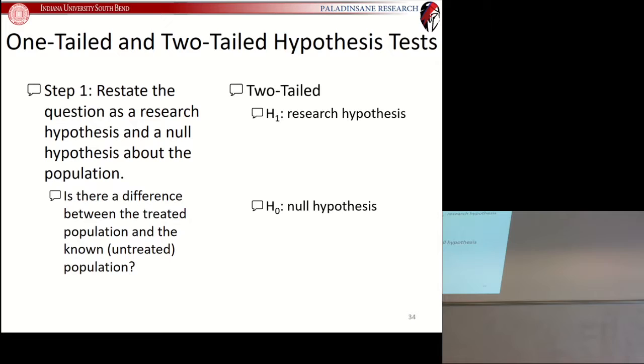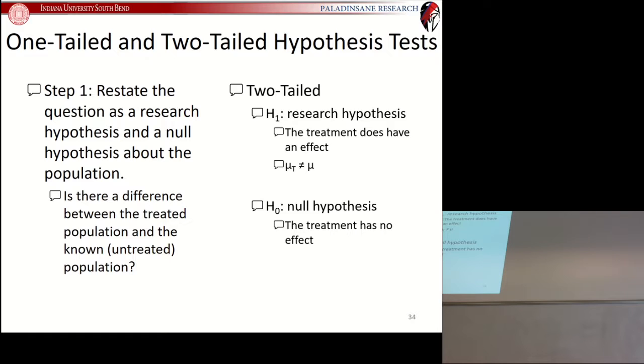So what happens in a two-tailed test? Well, in a two-tailed test, we have the research hypothesis that says that the treatment does have an effect, and the null hypothesis is that the treatment has no effect. The treatment has an effect is written as the mean of your treated population does not equal your untreated population.